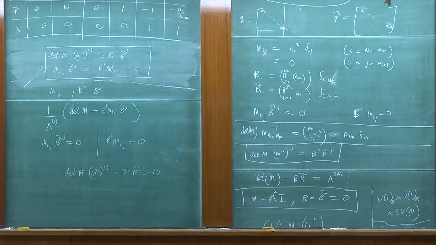You remember, if you build M out of Q i alpha, Q tilde j alpha, Mij is Q i alpha, Q tilde j alpha, then if the classical relationship is correct, the M field has a rank no more than NC. And therefore, the determinant of that M field vanishes.